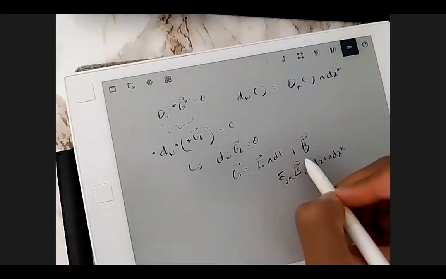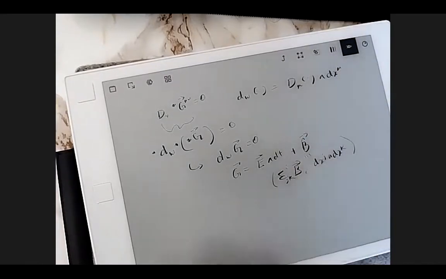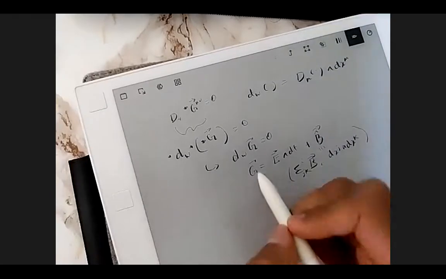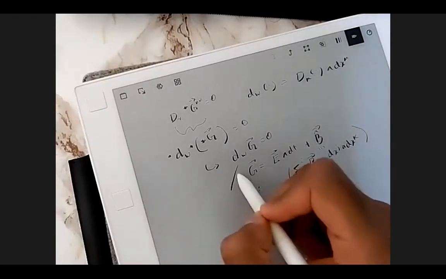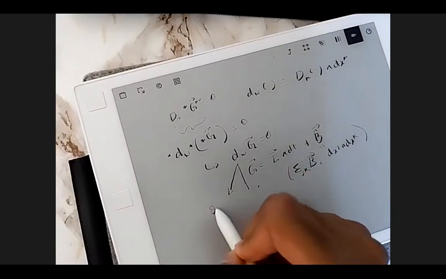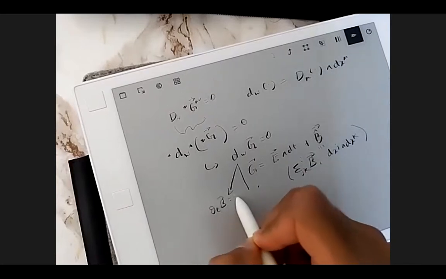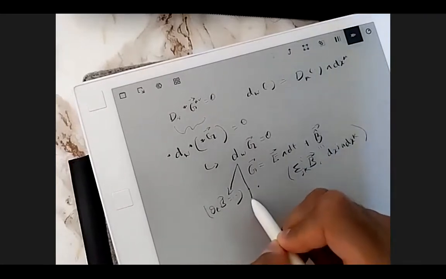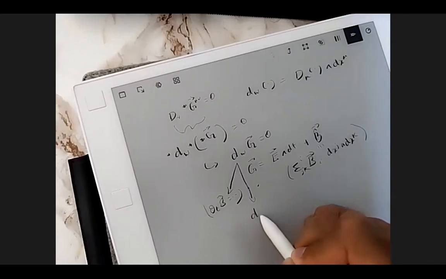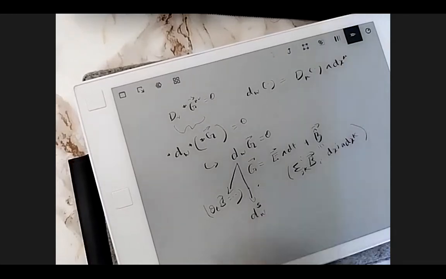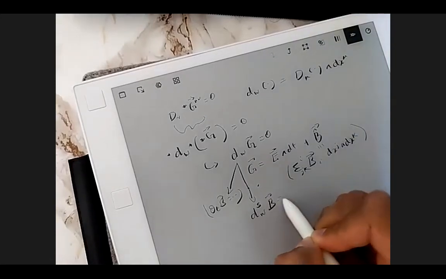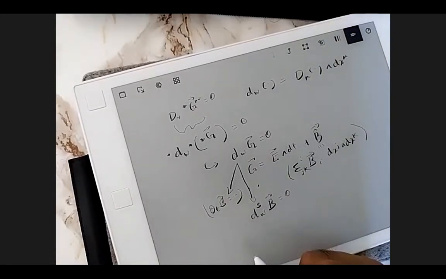And then this is going to split into two equations. One involving d_t B equals stuff, we don't care about that one. The other one is going to be d_W of B equals 0. Okay.